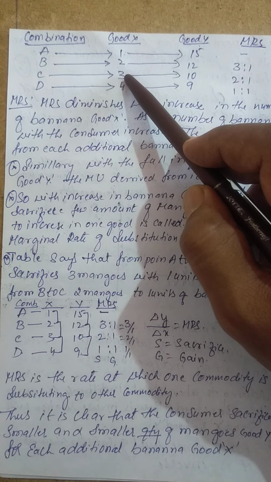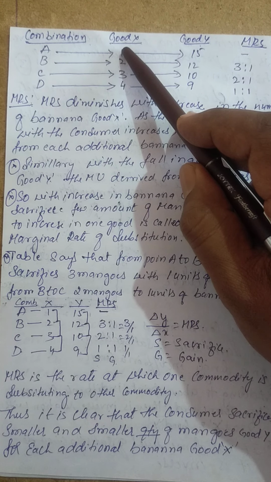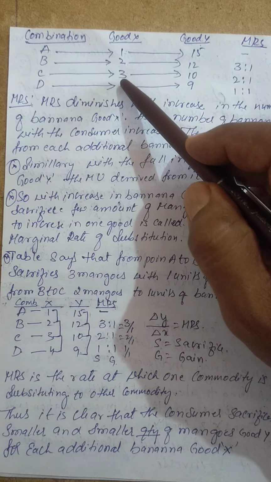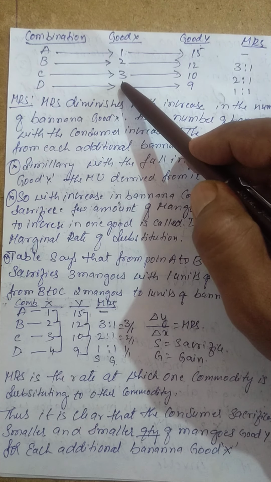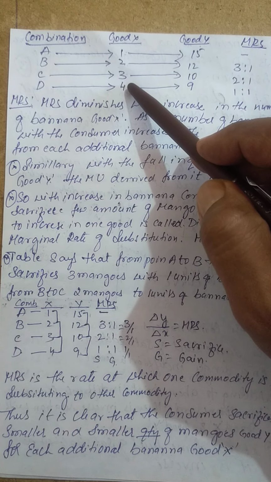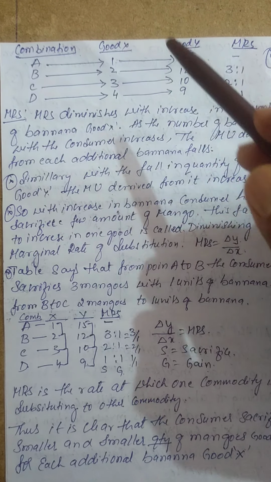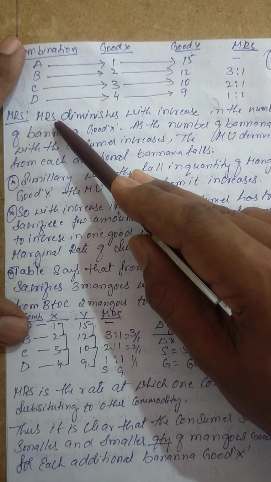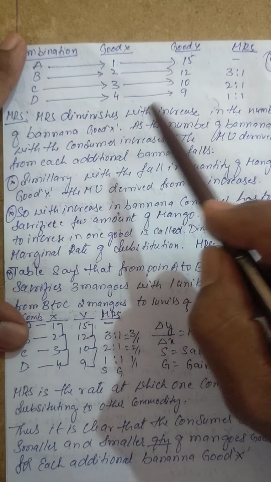A third banana, again I feel happy, but not as much as on the first and second. With the fourth banana, I'll not be that happy; I'll just say okay, fine. That means this happiness is going to decrease, which we call the marginal rate of substitution. So the marginal rate of substitution diminishes with an increase in the number of bananas.